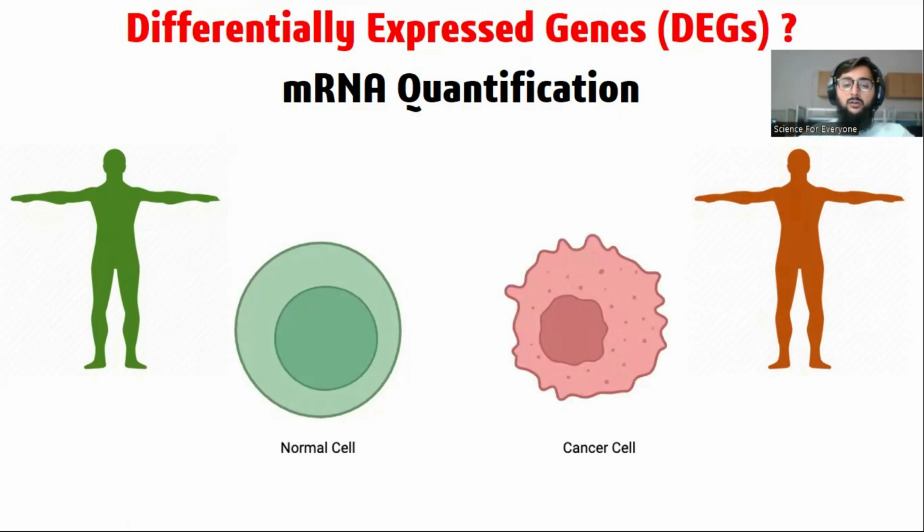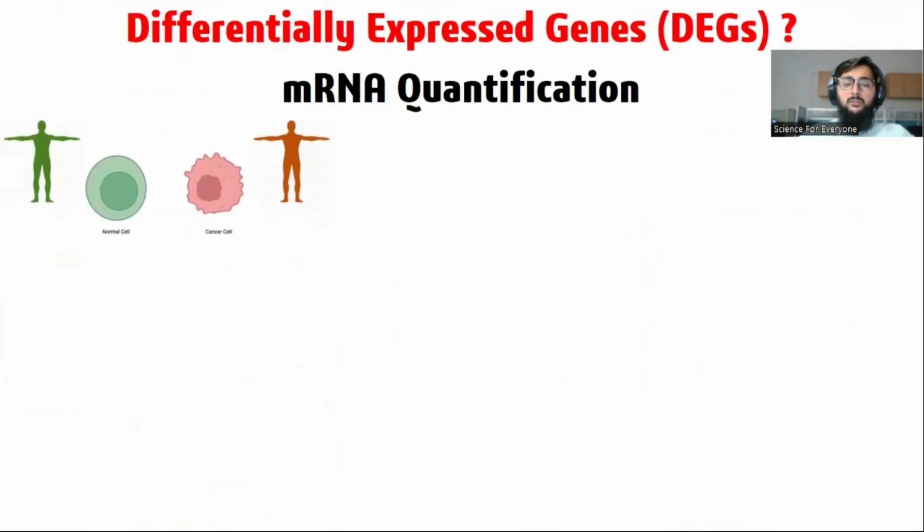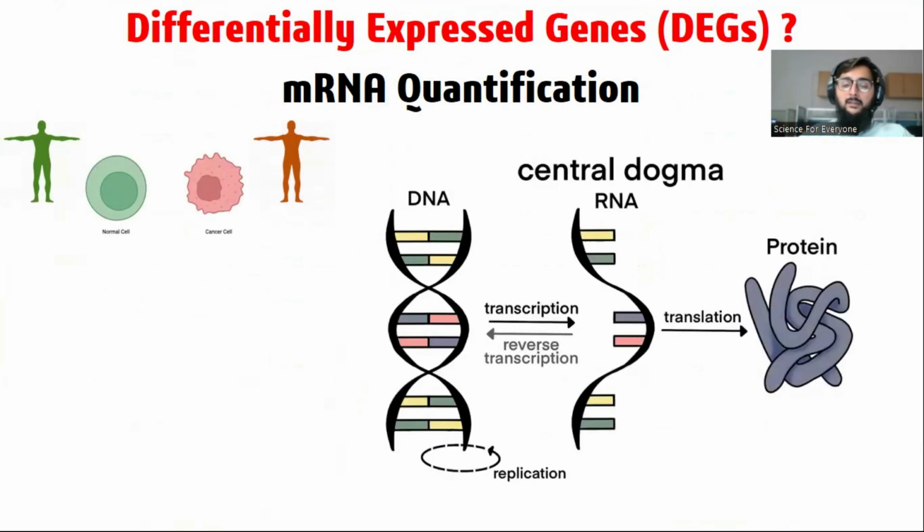So from the normal cell we quantify the messenger RNA, and from the cancer cell we also quantify the messenger RNA. And as I have told you, this is the central dogma. So this messenger RNA, we are quantifying it. This is a key concept before understanding differentially expressed genes.